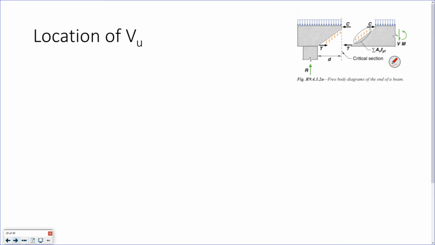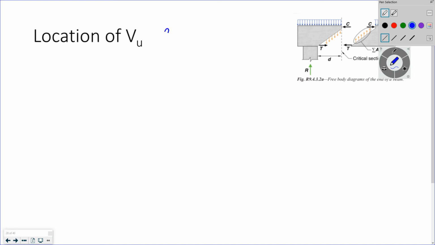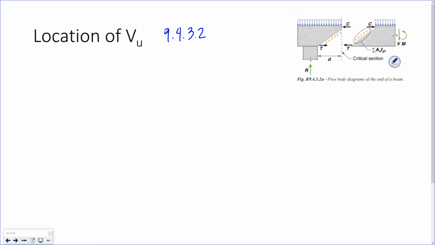This phenomenon is discussed in 9.4.3.2, which is on page, back in my reinforcement requirement stuff. So it's back in chapter 9.